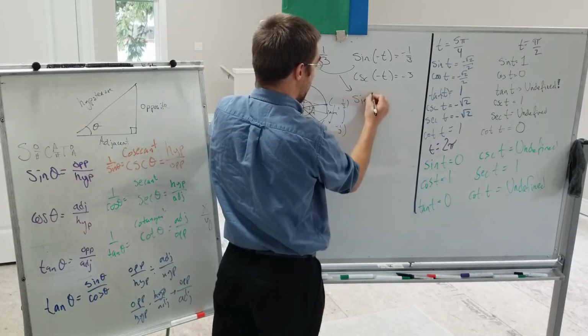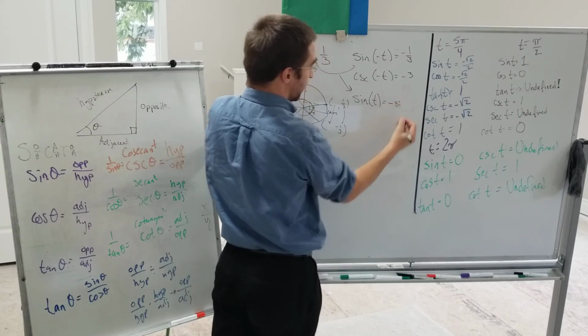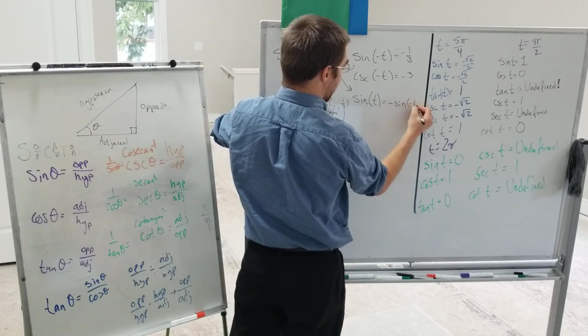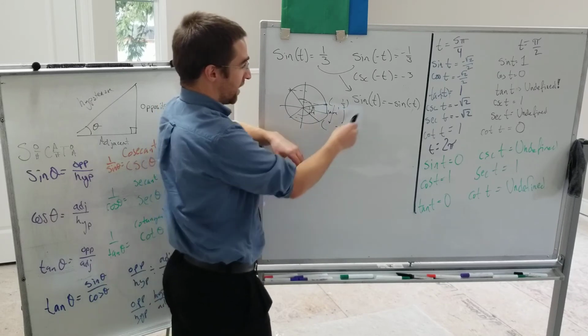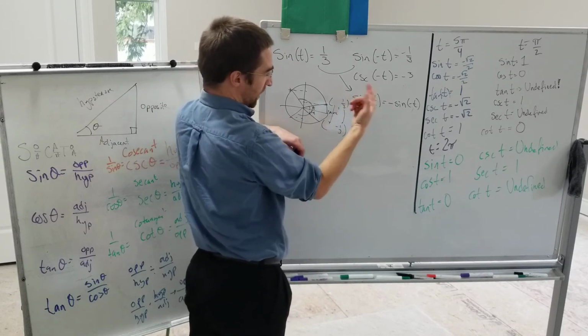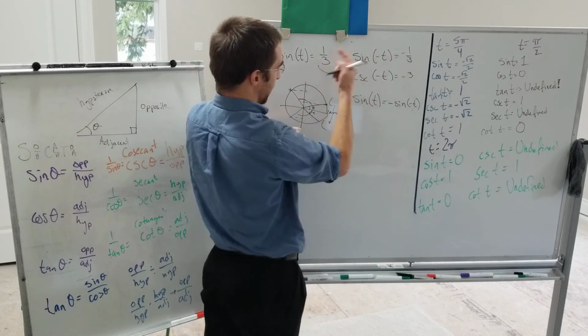So sine of negative t equals the opposite, the negative, of sine of t. Right, sine of negative t equals negative sine of t. Or you can put the negative over here. If I go negative 1/3, I get 1/3.